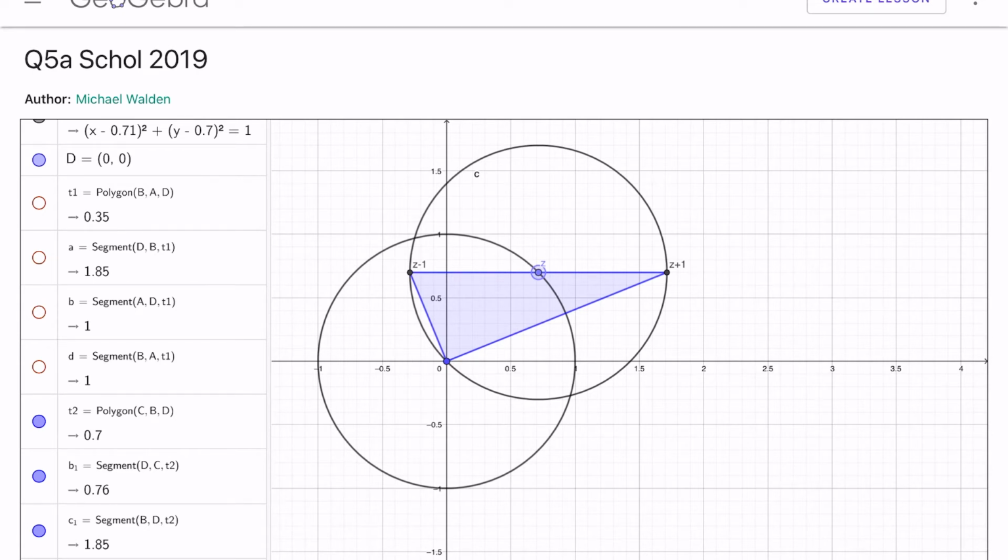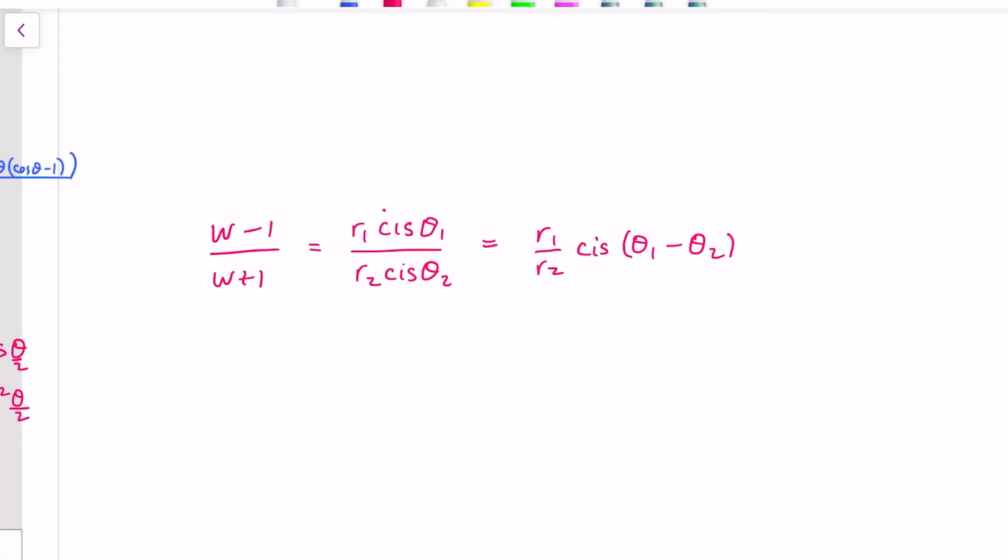And then the theta 1 minus theta 2 is the difference between the arguments, which is 90 degrees. So this equals tan of theta over 2, and then cis of 90 degrees, which we know is i. So we get i times tan theta over 2. How cool.